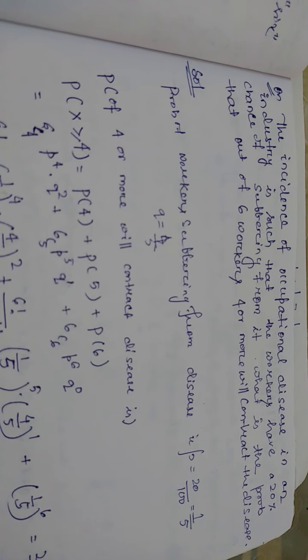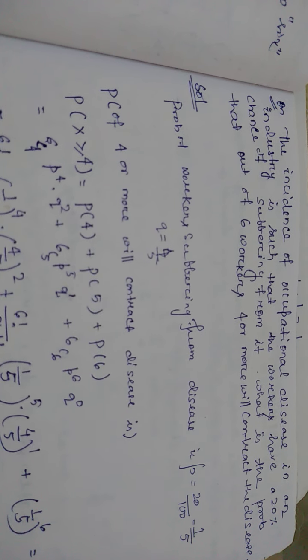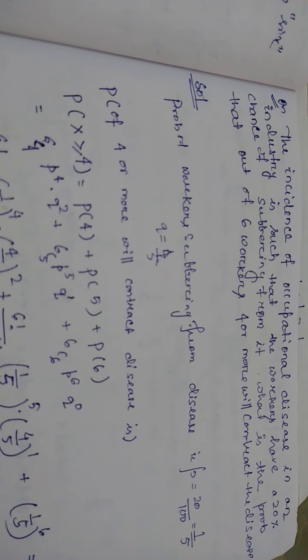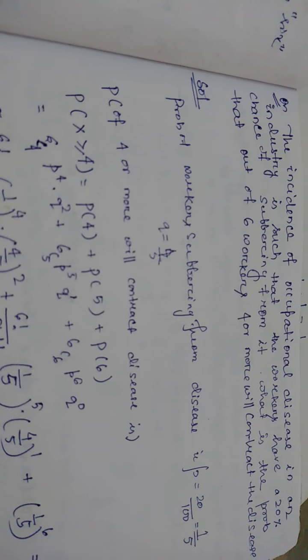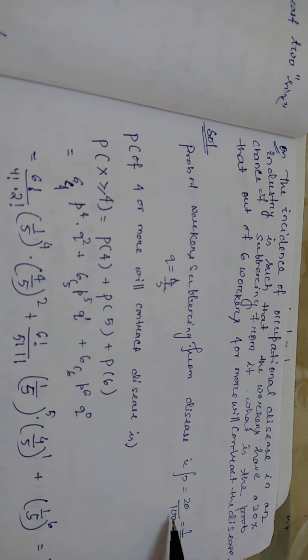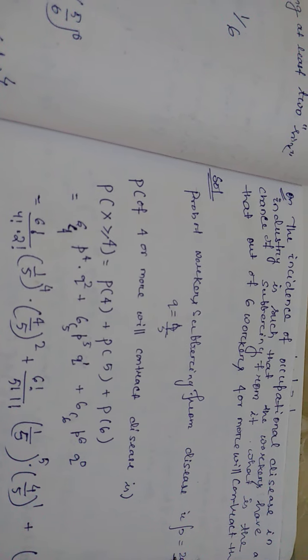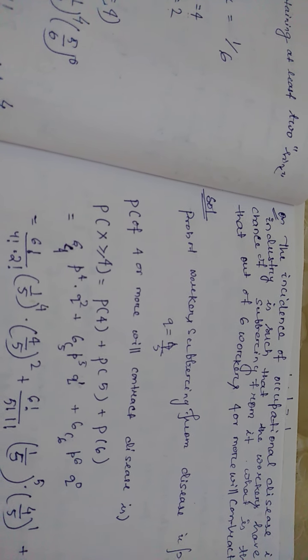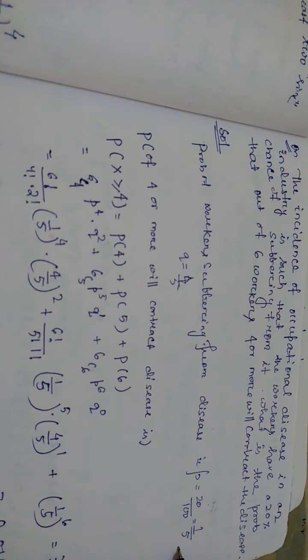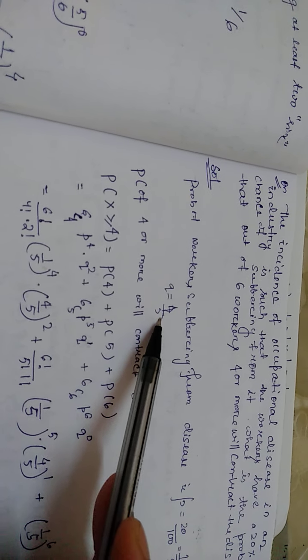Let us consider that the workers have a 20% chance of suffering an occupational disease. So the probability of getting the disease is, out of 100, there are 20 people suffering with this disease. So the probability of getting the disease is 1 by 5, and the probability of not getting the disease is 4 by 5.